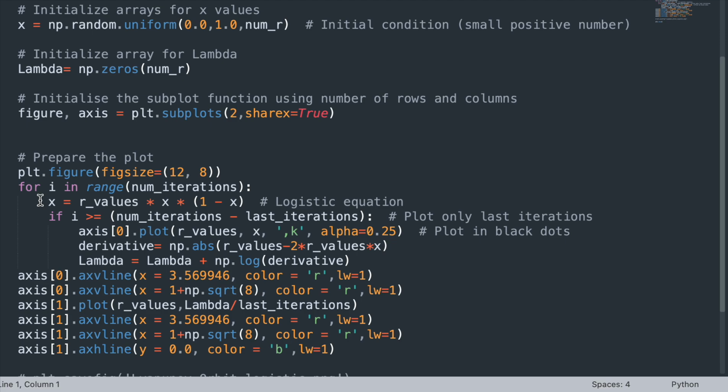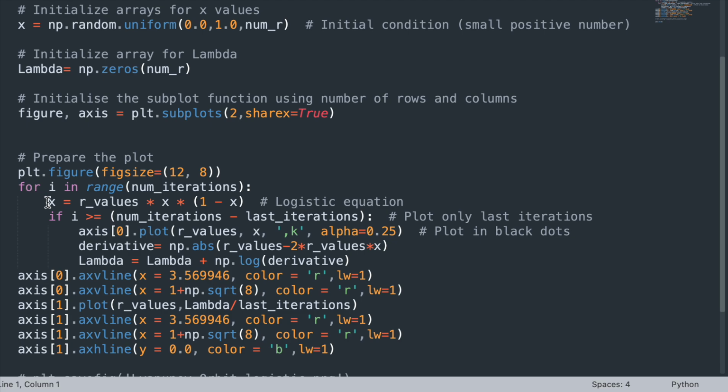What we are doing here, this is Python code, and this is called iteration. In every iteration, the computer increases the value of i by 1, so that means it goes through the iteration.